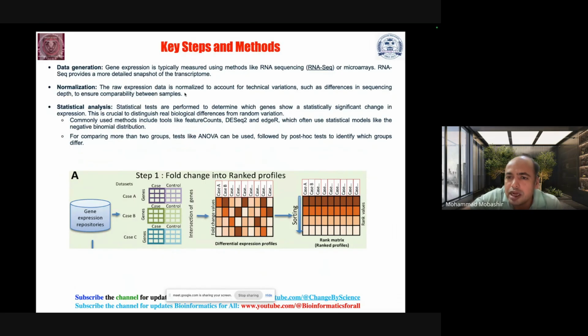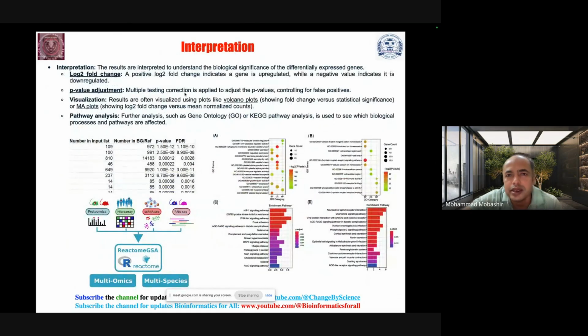But you can also write your own code, and it is quite simple if you understand the fold change, p-values, and how they are calculated. For comparing more than two groups, tests like ANOVA can be used, followed by post hoc tests to identify which groups differ.